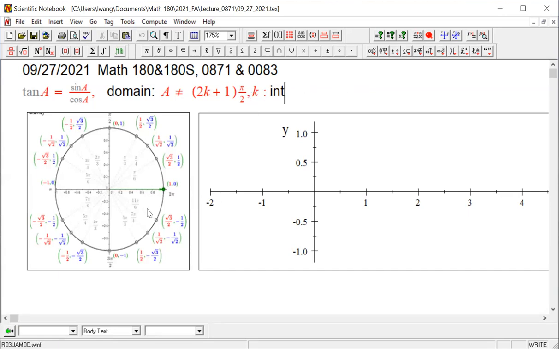Now the question is, when we plot this, we certainly can avoid this, right? What are the points that we cannot take? Anything that makes cosine equal 0. So what makes cosine equal 0? The red number equals 0.